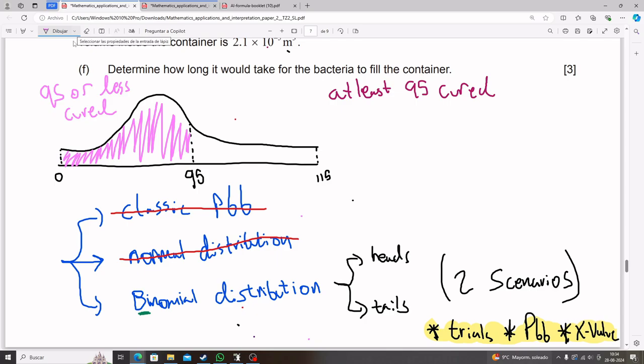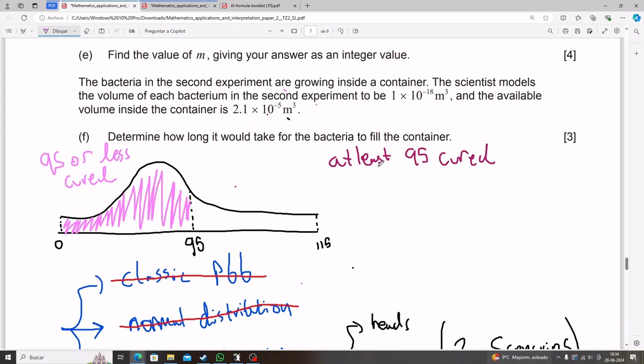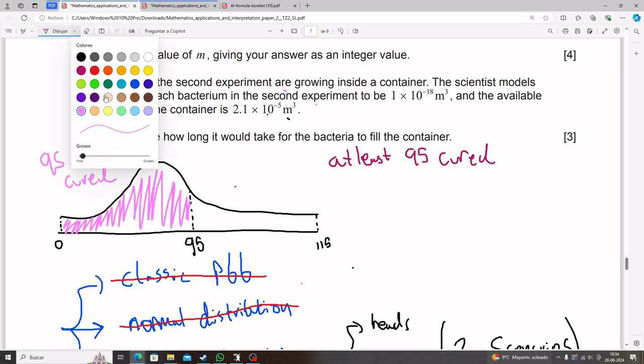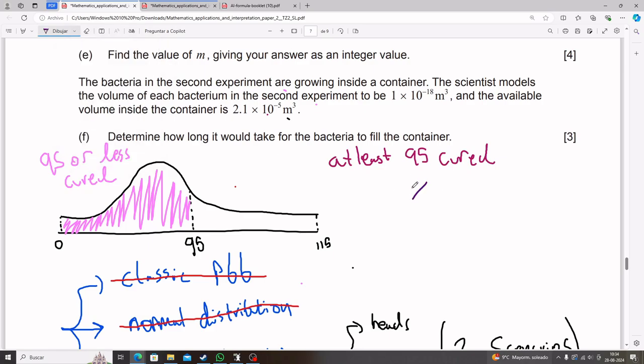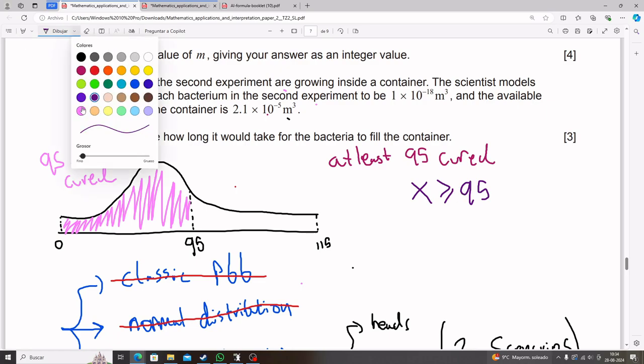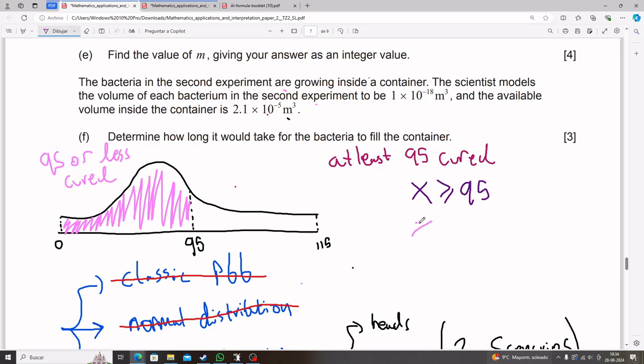basically, okay, since binomial CDF works from left to right, and I just got what is in pink, if I want to say at least 95 is cured, so that is 95 or above. Essentially, what you're trying to find is all the values that are 95 or above, including 95. So what you actually have to do is binomial CDF up until 94.